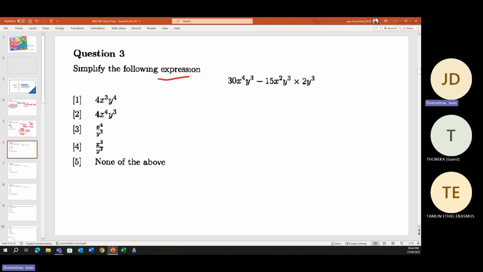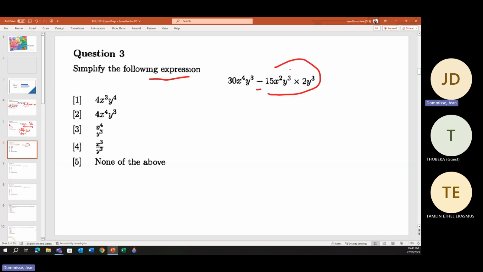Okay, so with this one, again, we need to simplify. We've got the minus, and then we've got the multiplication. So what we're going to do is first work with this term that has a multiplication, and then subtract and see if we can subtract that from the first term.